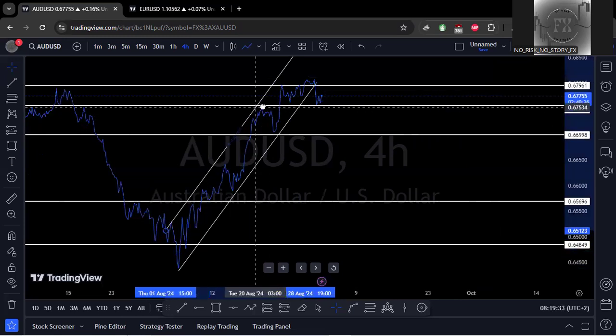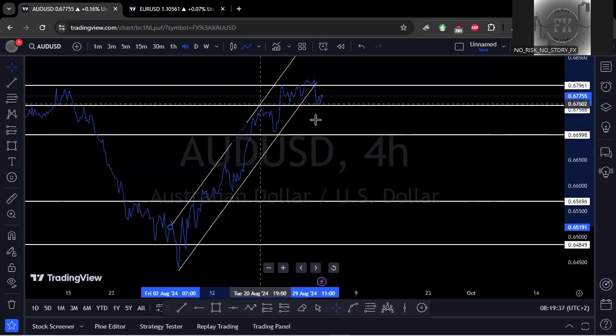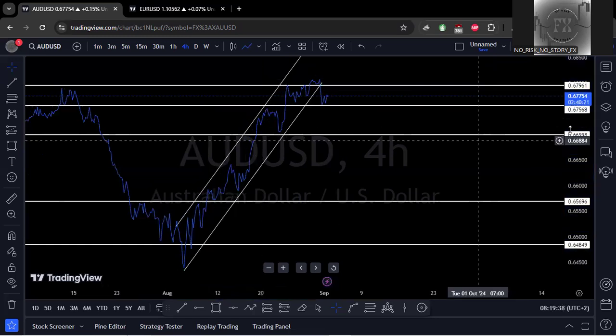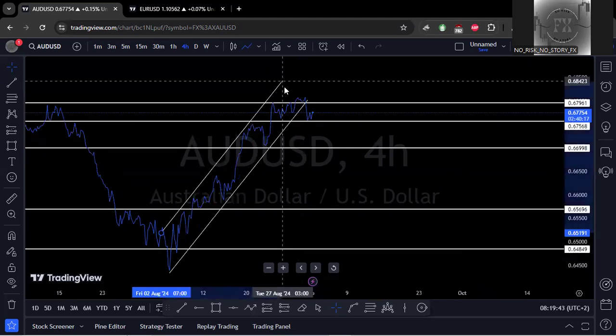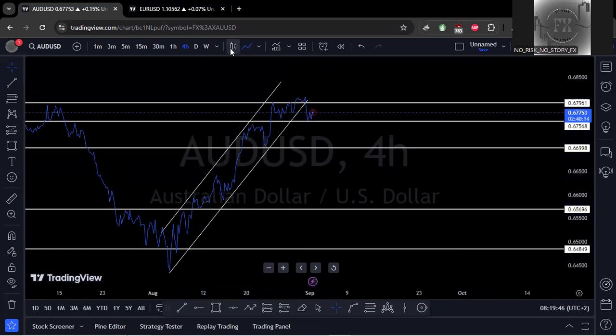Then I'll place it like this over here, and then just try to adjust it.